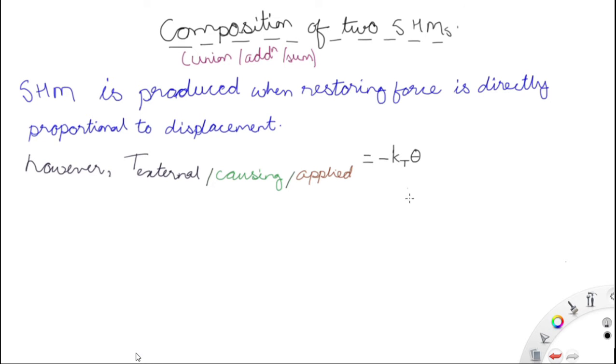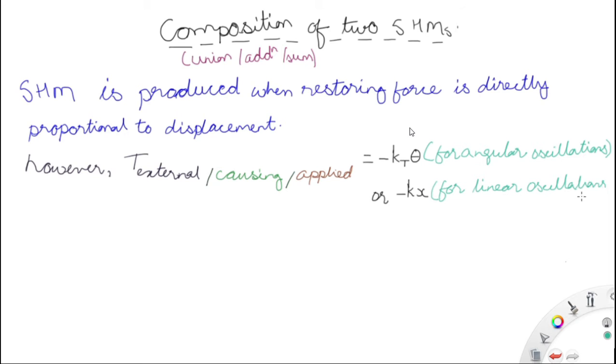So the external torque, or the torque that is causing the simple harmonic motion, also known as the applied torque, is equal to minus of torsional stiffness into theta. Theta is the angular displacement, and kt is the torsional stiffness.